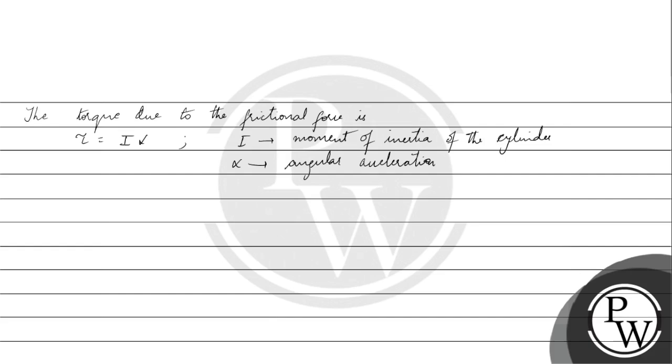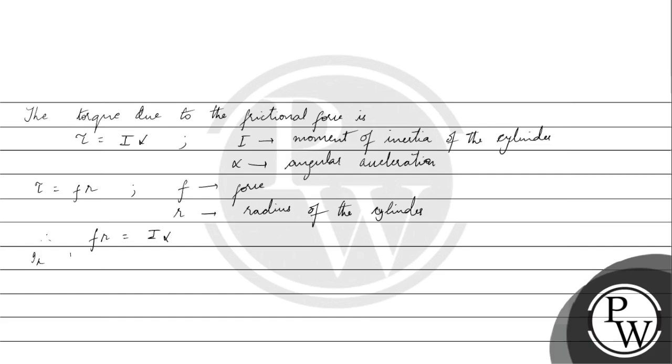तो हम ये भी जानते हैं कि tau is equal to F into R, where F is the force और R होता है रेडियस ऑफ द सिलेंडर. Therefore we can say F into R is equal to I alpha.